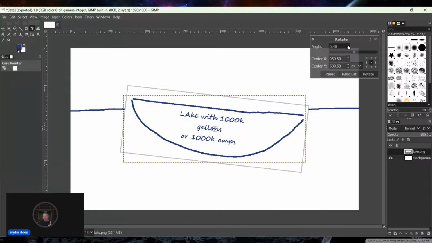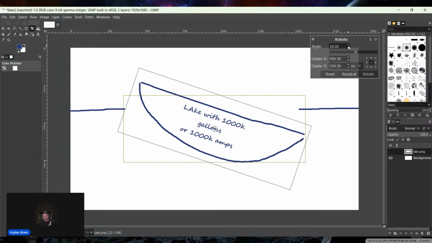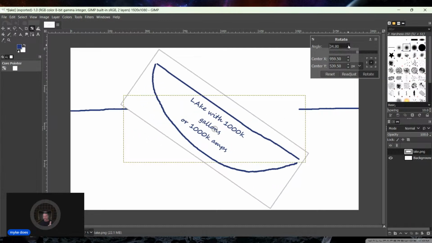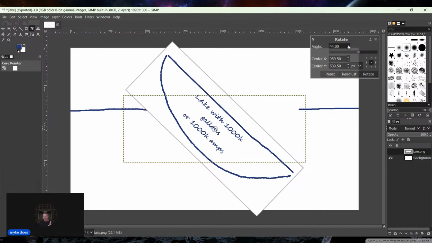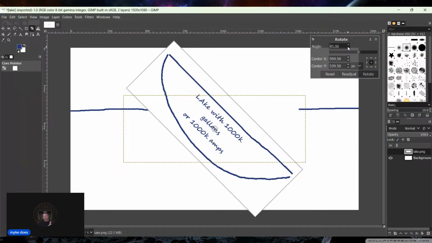You have to tilt it. Let's say I'm going to tilt it precisely 45. And there is your 45 degrees right there.